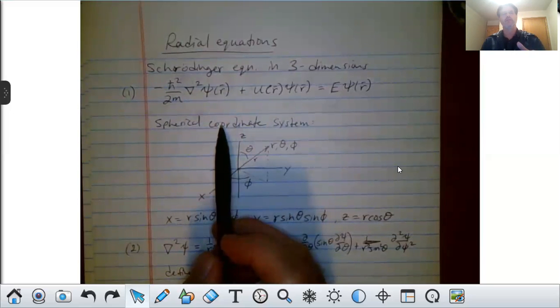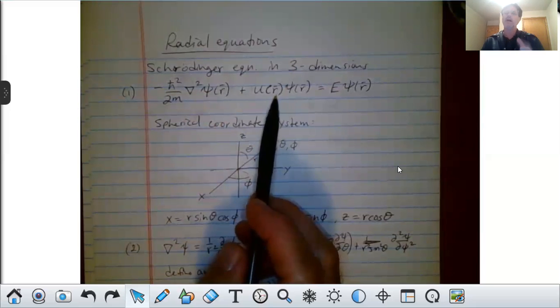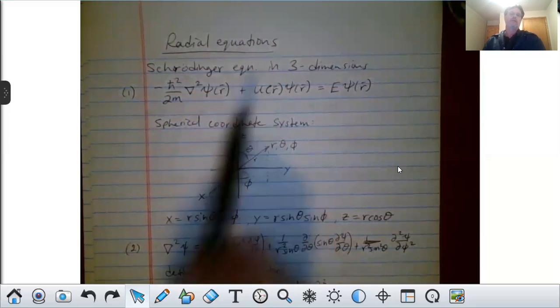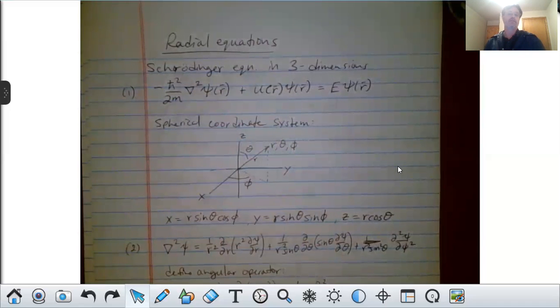And you can also use this for potential functions that are not spherically symmetric, and we can look at that later on. But we'll deal with the spherically symmetric case for now.